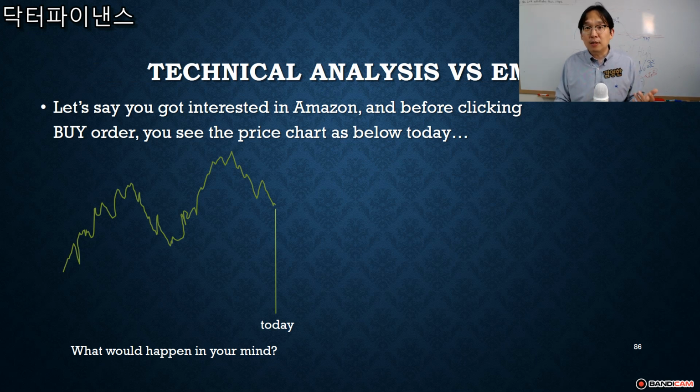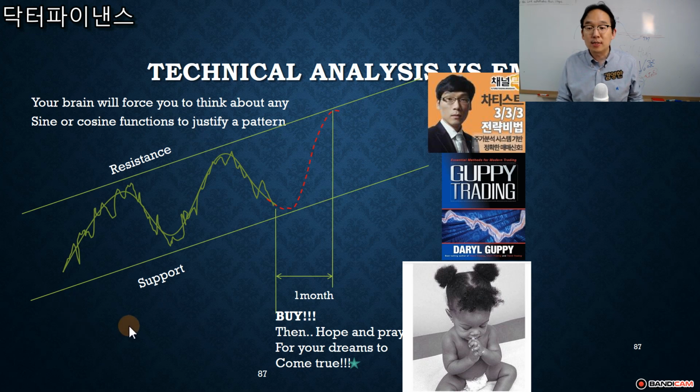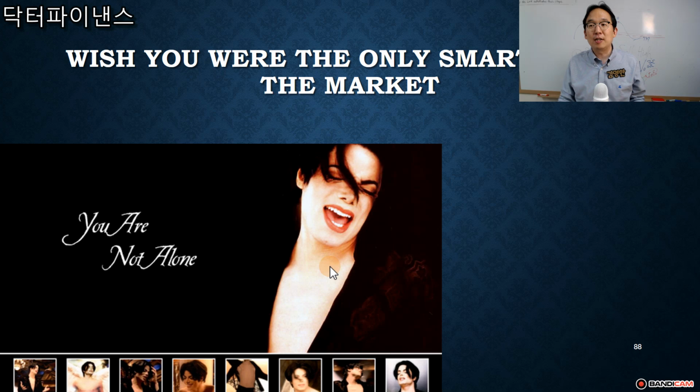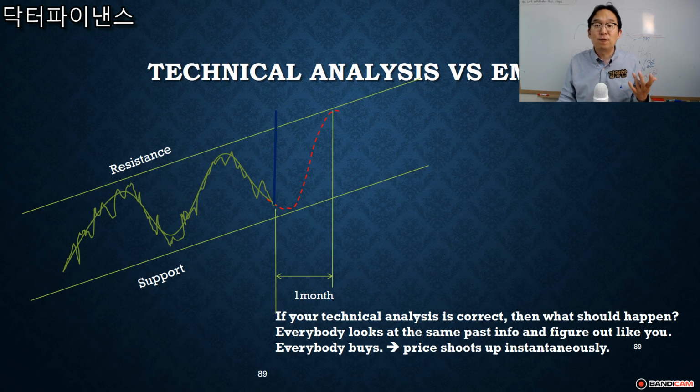These slides are pictorially explaining to you the contrast between technical analysis and the weak form market efficiency argument, right? Essentially, that's what I said before. If the pattern that you recognized is correct, then you are not alone in recognizing those patterns, and the market is fast and efficient enough so that everybody must be clicking the buy button even before you click that buy button, based on the pattern that you find.